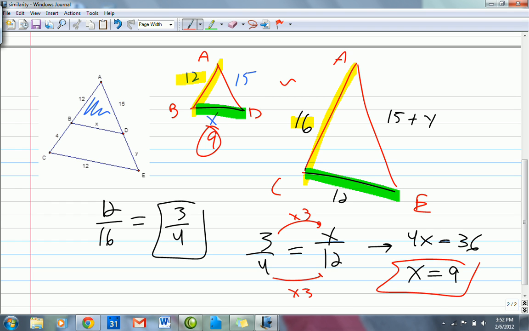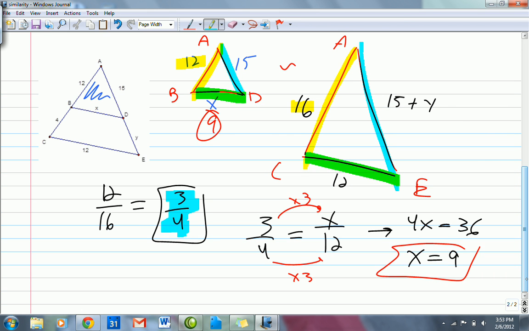And then if I want to solve for y, here are my 15 and 15 plus y. Those two sides correspond. And the ratio of 15 to 15 plus y has to be equal to the same scale factor of 3 to 4. All corresponding sides are proportional.